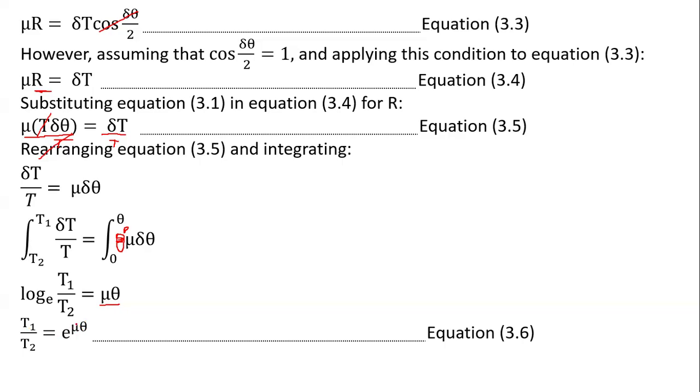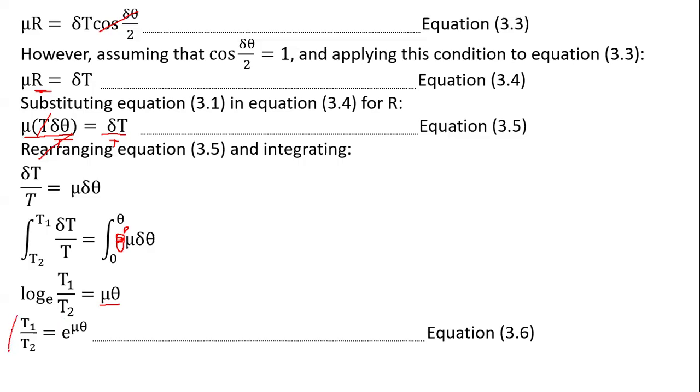Moving from logarithms to indices, this is what we've done. Log this is equal to that. Meaning that this number I have here, if I raise E to this power, then I should have this number here from your rules of logarithms. So T1 over T2 is equal to E raised to power mu theta.